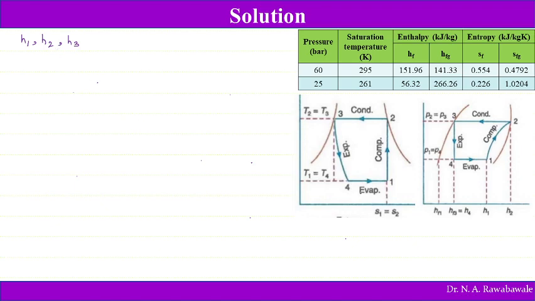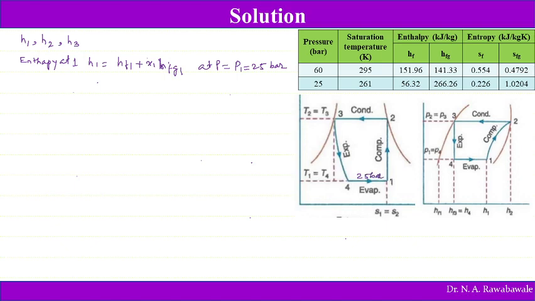So to find the enthalpy at point 1, H1 is equal to HF1 plus X1 HFG1. This is at pressure P1, that is 25 bar. So pressure is here 25 bar.